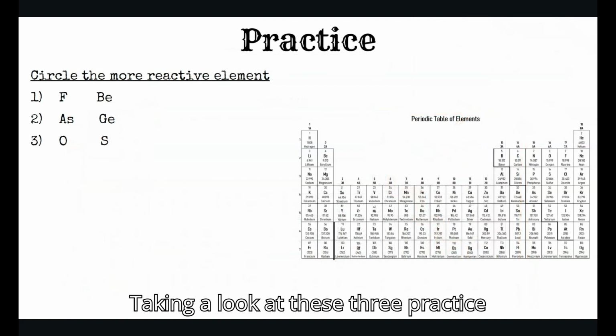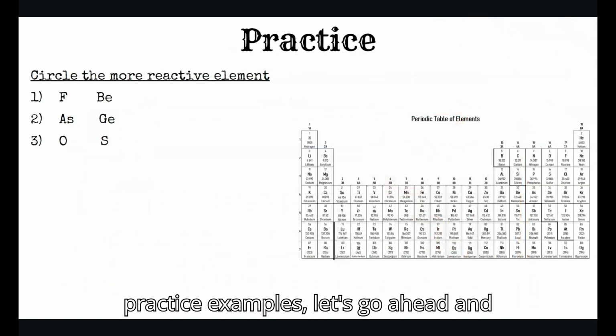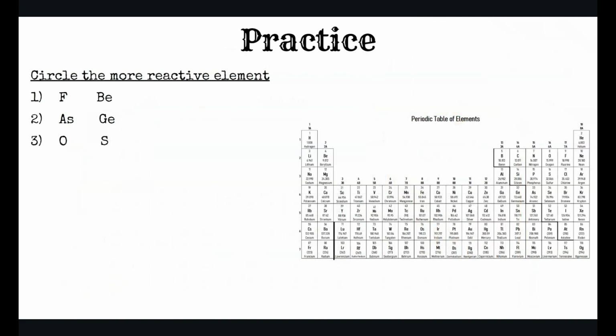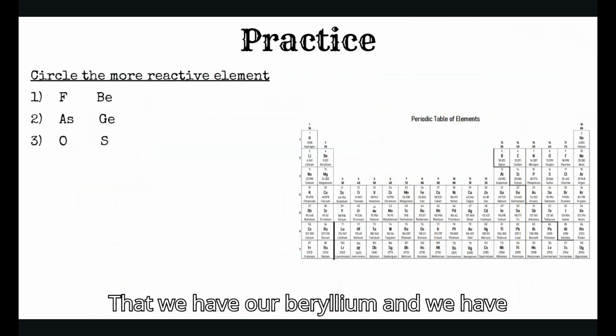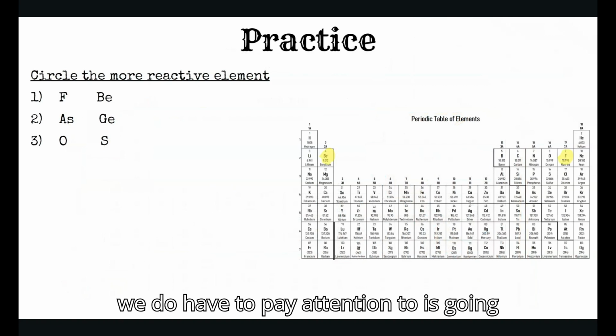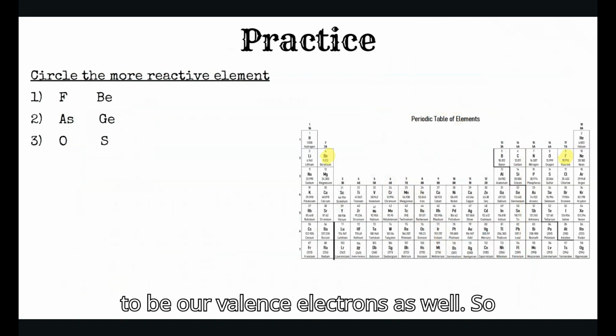Taking a look at these three practice examples, let's go ahead and compare these. So we have our fluorine versus our beryllium. Now, one thing that we do have to pay attention to is going to be our valence electrons as well.